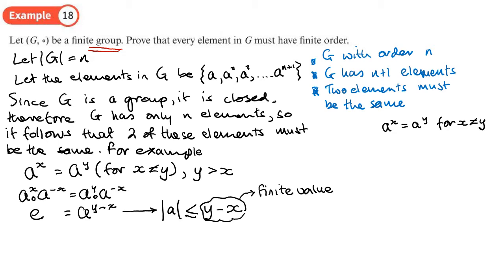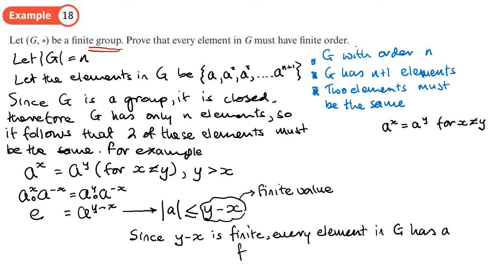So we'll just finish this off by saying, since y minus x is finite, every element in G, and G has a finite order, has a finite order. So if we've got a finite group, then every element is going to have a finite order. It can't have an infinite order.